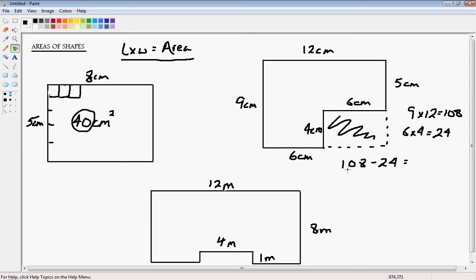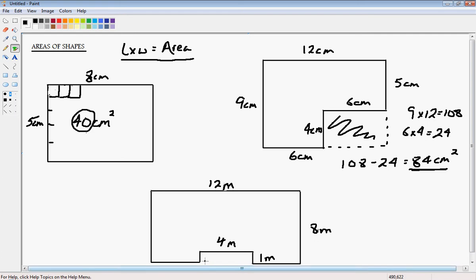Now remember, these are both centimetres squared now because they're both areas. So 108 less the 24 would be 84 centimetres squared. Okay, you could do a little sum on the side here just to prove that it works. So that's how we can do this.